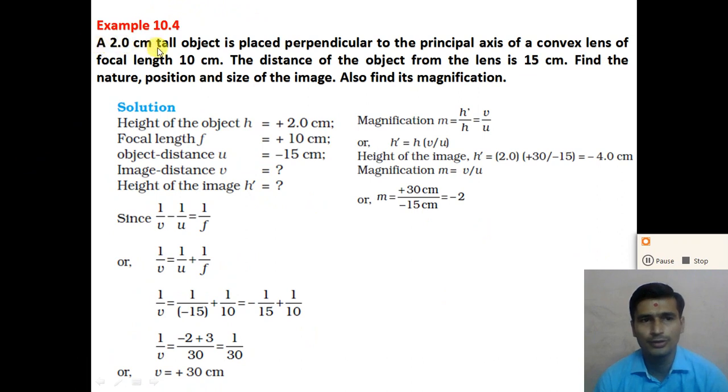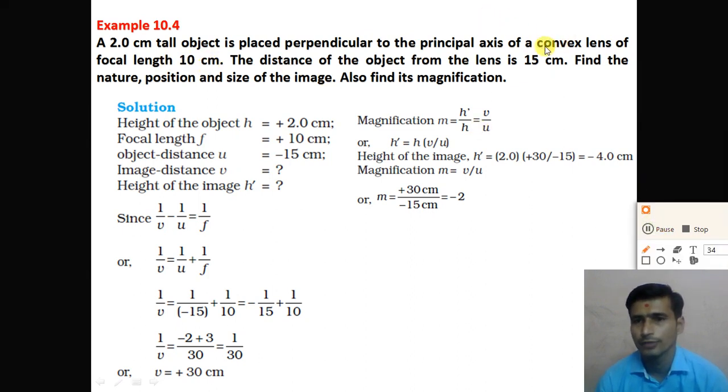A 2 centimeter tall object is placed perpendicular to the principal axis of a convex lens of focal length 10 centimeter, right? So here the lens is a convex lens. The focal length of the convex lens is 10 centimeter. So we take the focal length f of a convex lens as plus 10 centimeter, because the focal length of the convex lens is always positive.